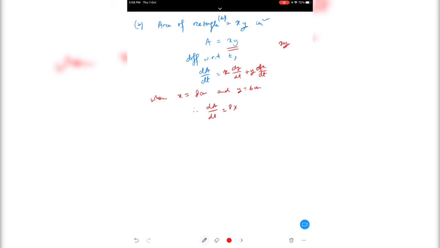We already found out, I think it was 4, right? 4, plus 6 into dx dt, which is minus 5. So how much are we getting? 8 into 4 is 32, minus 30, that is 2 centimeter square per second.